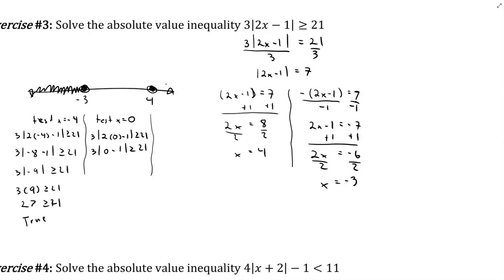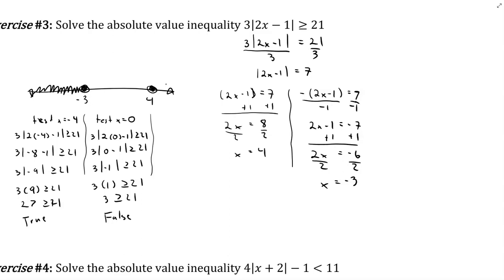Then 0 minus 1 is -1. And then the absolute value of -1 is 1. And then 3 times 1 is 3. Well, here I'm saying 3 is greater than or equal to 21, and that is false. So we will not shade that middle section in.